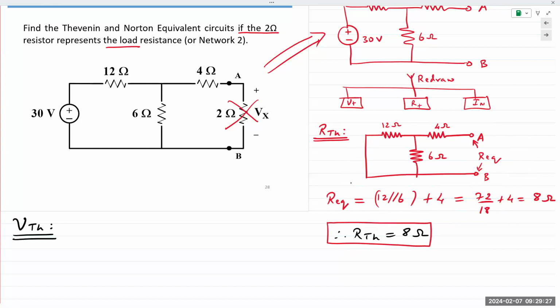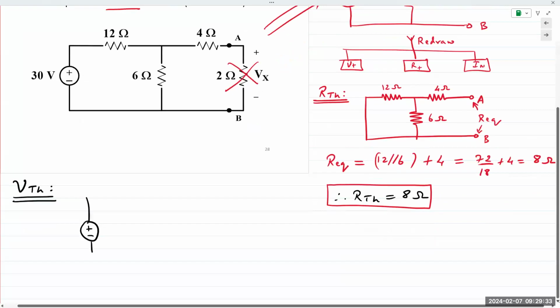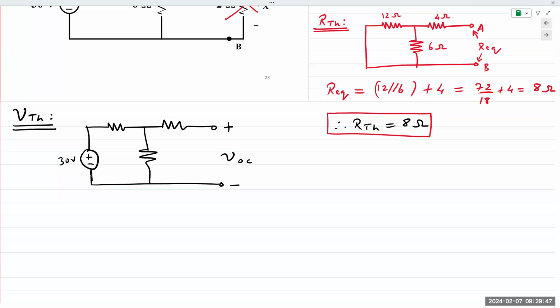So VTH, we are going to go back to our original circuit without the 2 ohm load. So this is 30 volts. VOC, 12 ohms, 4 ohms, 6 ohms.